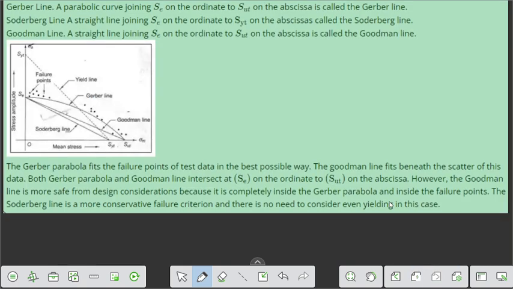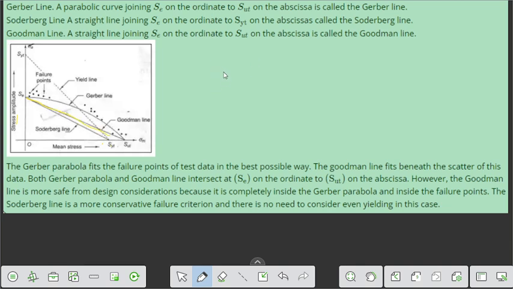And we know this is the stress amplitude, and this is the mean stress, and this is the straight line which is cutting SYT and SE. SE means endurance limit, SYT means yield point stress, and this is also yield, and UT is ultimate. So this is the Soderberg line.